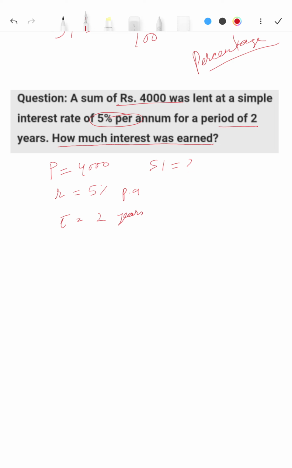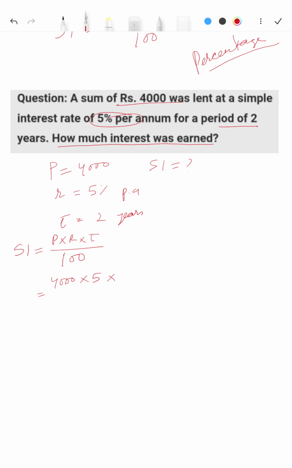So firstly, we will try by using the simple formula, which is SI equals P into R into T by 100. Now principal we have is 4,000 into rate. As far as rate is concerned, it is 5 into 2 years.